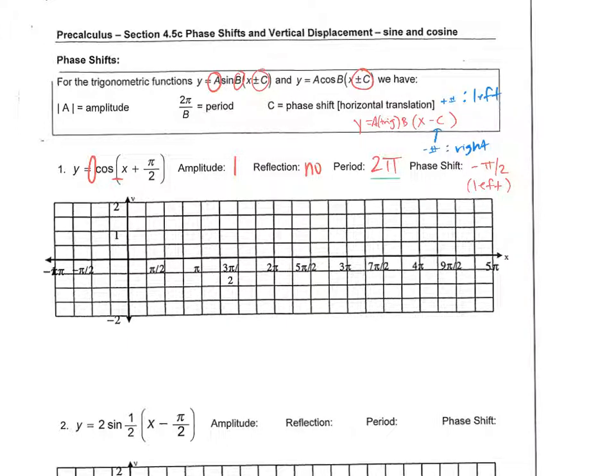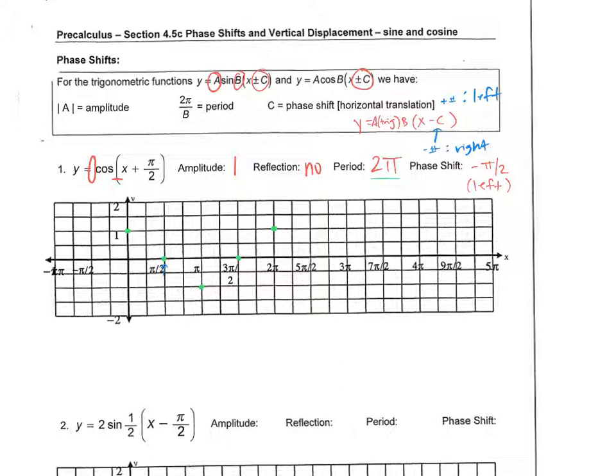My period hasn't been changed, so what would normally take 2 pi to complete a cycle still does, but now everything is shifted by pi over 2 to the left. Pi over 2 is this one here, so I'm going to shift every single point to the left by 2 boxes.